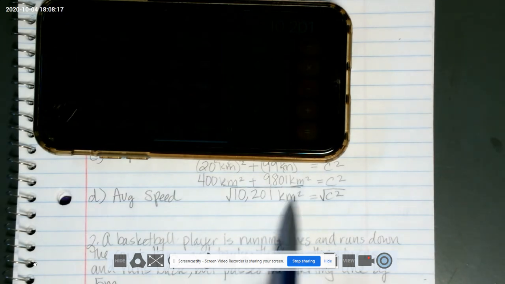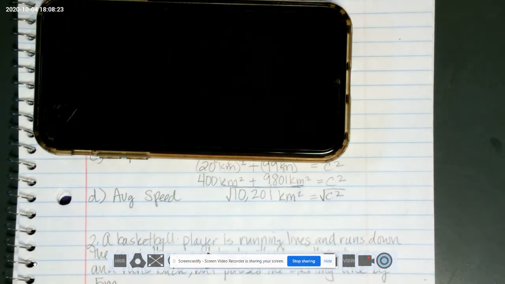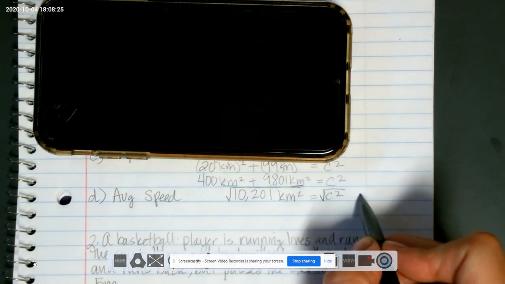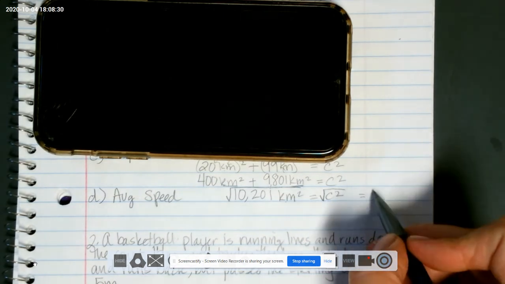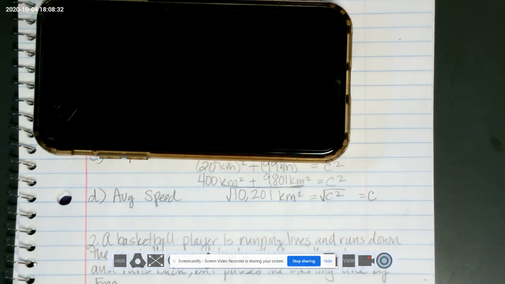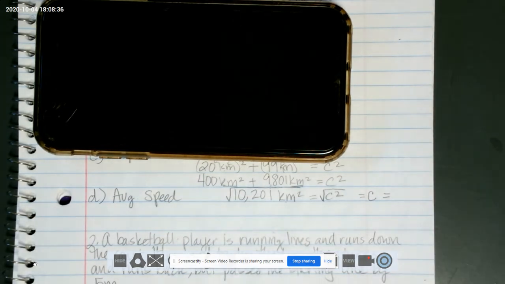And that kilometer squared is actually going to help us out. Due to my spacing issue, I'm just going to put it over here. If I square root c squared, I get c equals, and I just flipped them around, so don't worry.